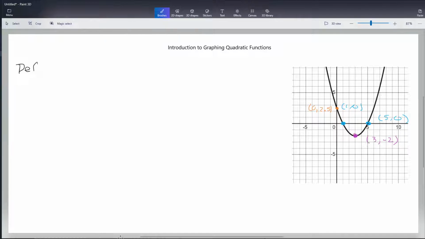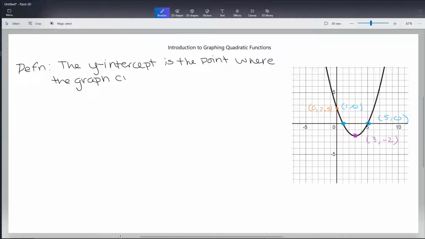So let me remind you of what the y-intercept is. For any graph, the y-intercept is the point where the graph crosses the y-axis, and for any graph, we find this by setting x equal to 0.